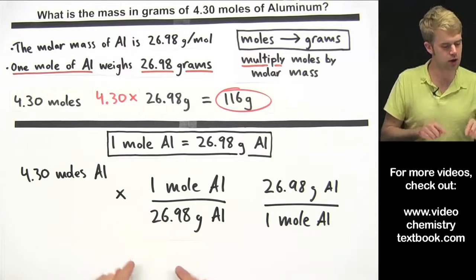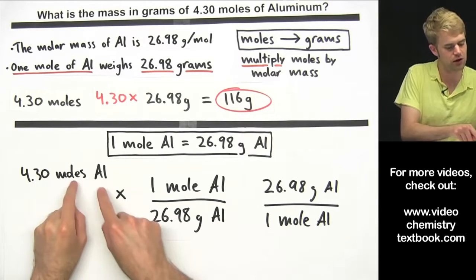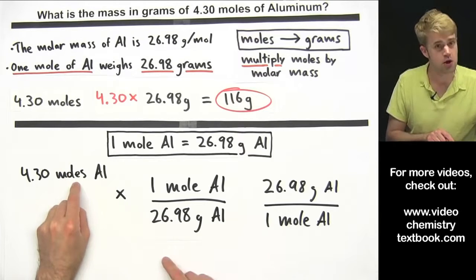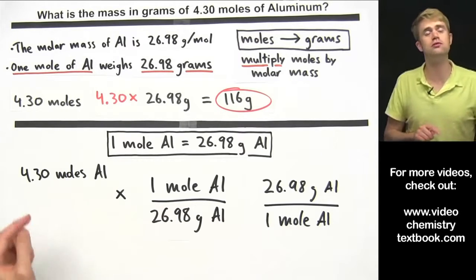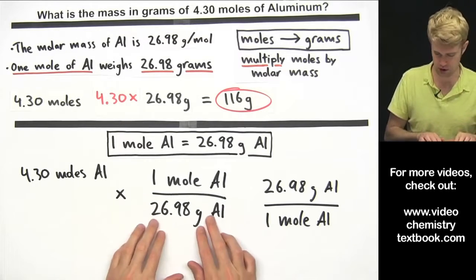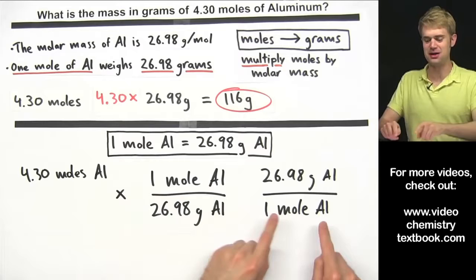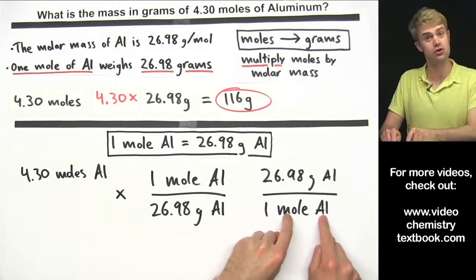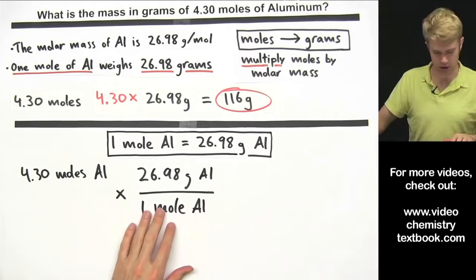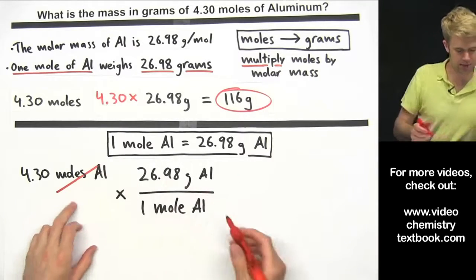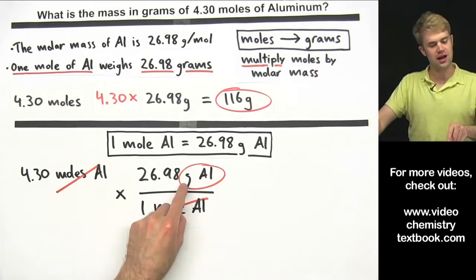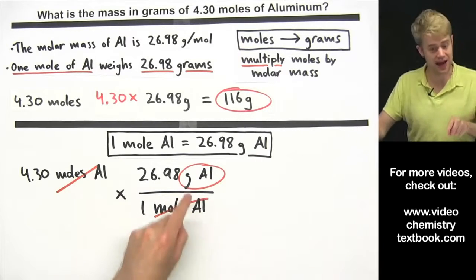The one that we're going to want to use is the one that gets rid of moles of aluminum from up here. It's on the top here. So in order to cancel out moles of aluminum, it is going to be on the bottom of the conversion factor that we want to use. So this is the conversion factor we want to use. Get rid of this one for now, bring this over, and now we have moles of aluminum on the top, which cancels out moles of aluminum on the bottom, and we're left with grams of aluminum, which is exactly what we want.